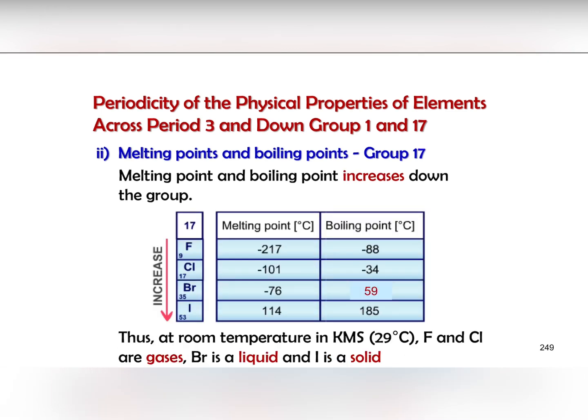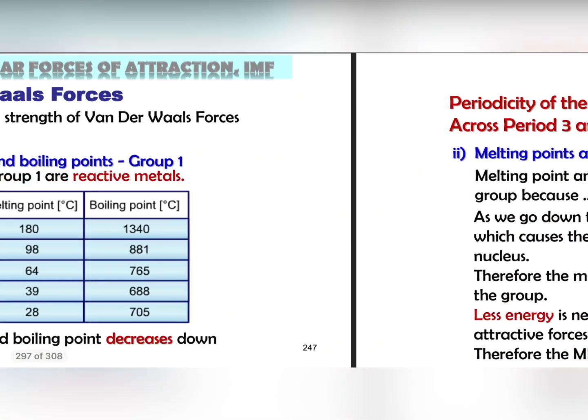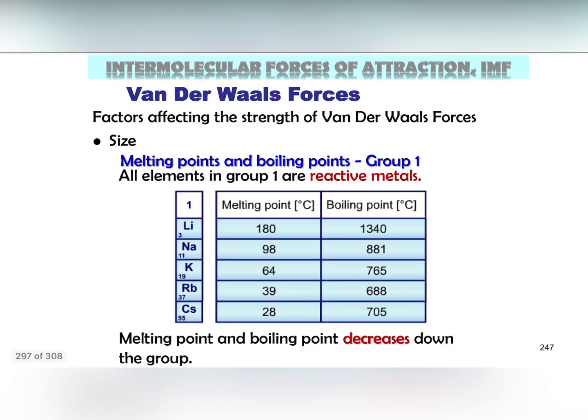Okay, now let's have a look at the trend for group 17. Okay, so ni lain sikit lah. So, kalau tadi kita tengok, as you go down the group, size semakin besar, so maksudnya melting point and also boiling point semakin decrease. Okay, semakin berkurang lah.